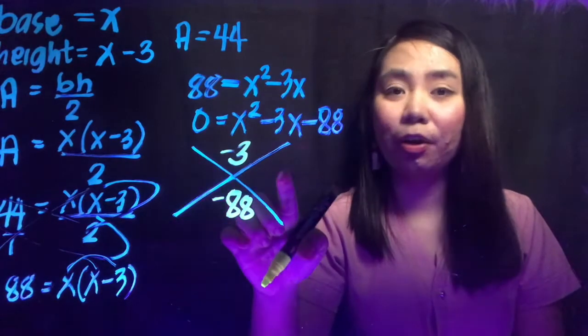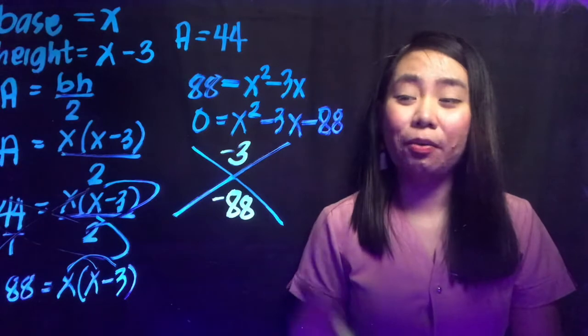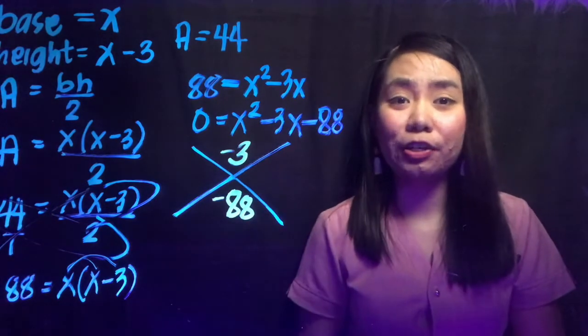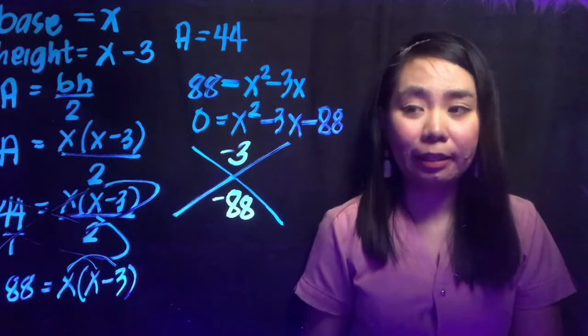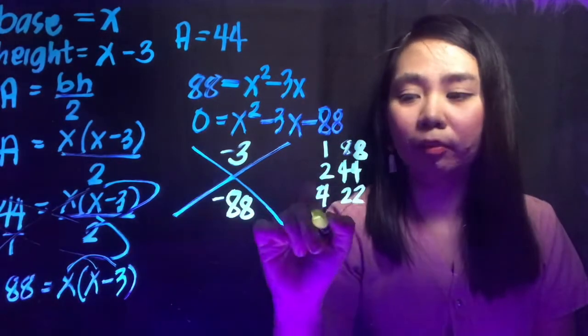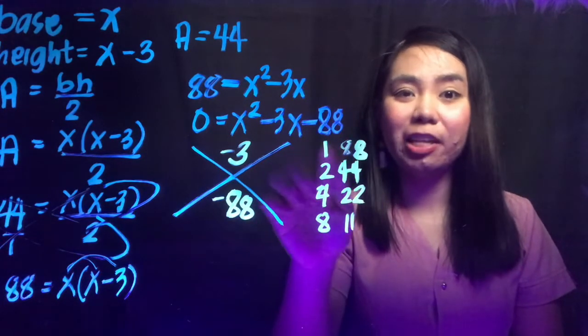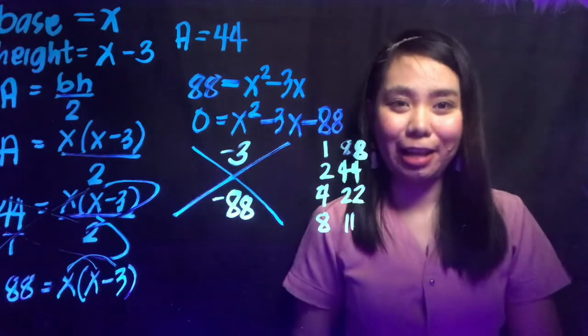The values here will give you the factors for the quadratic equation. So in this case, let's write down first all the factors of 88. Now let's check by adding or subtracting these pairs that will get a negative 3.